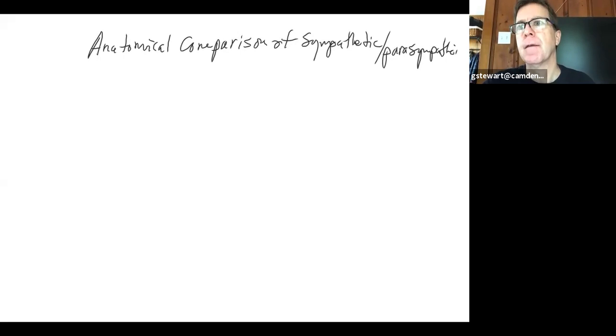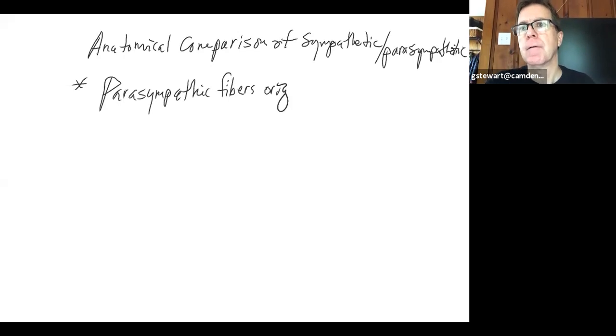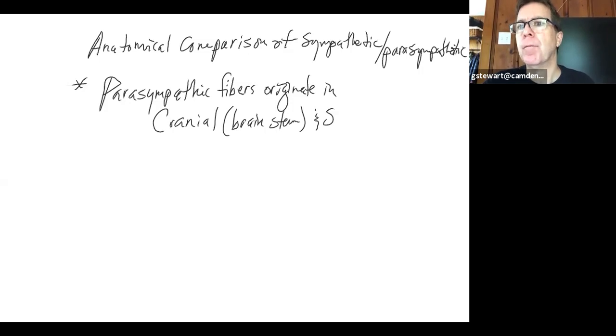And the first thing is parasympathetic fibers originate in the cranial, and I'm going to write in parentheses, brainstem, and sacral regions of the spinal cord, okay?